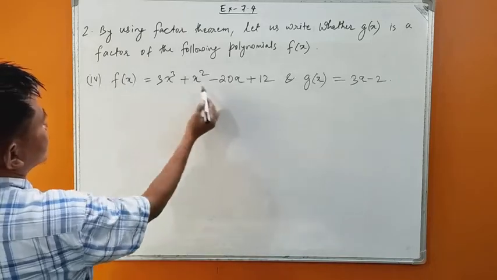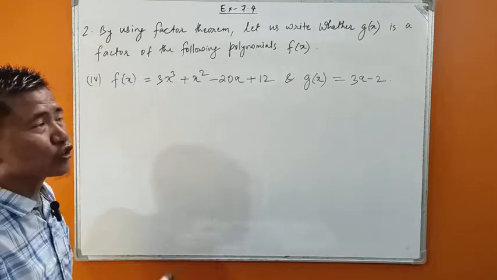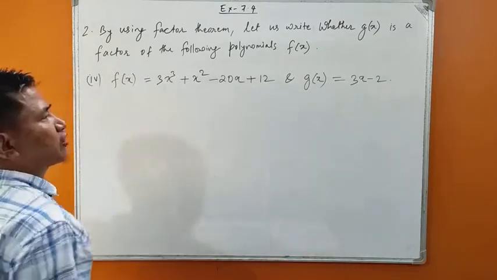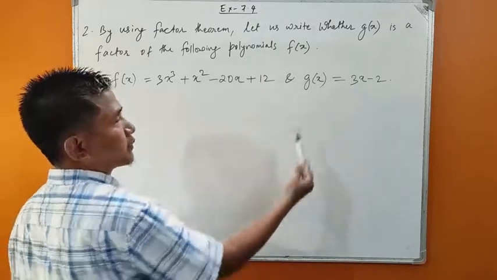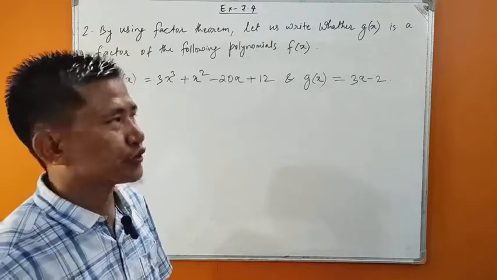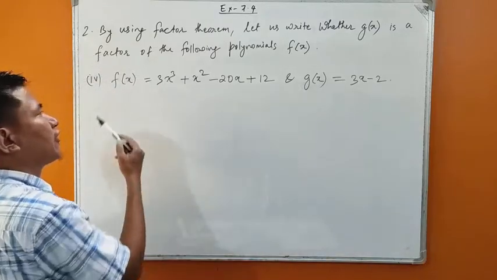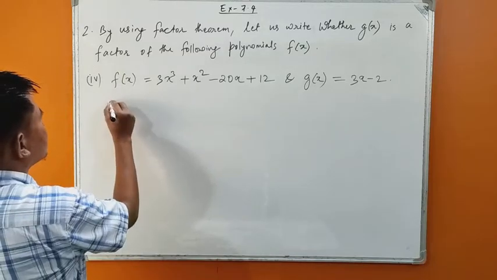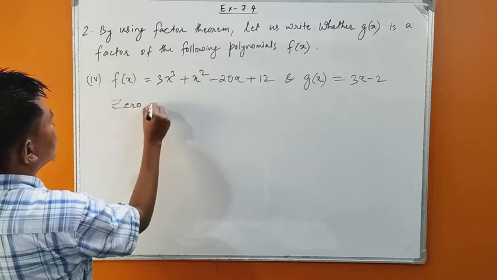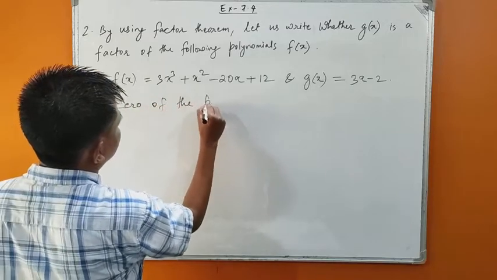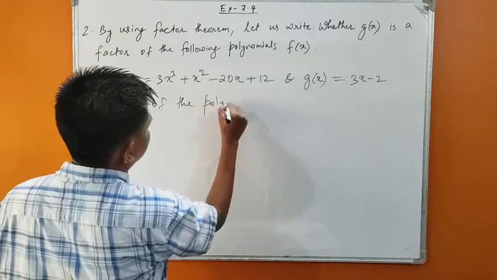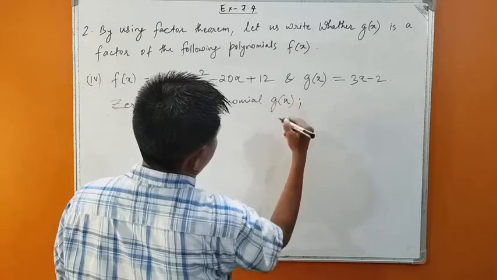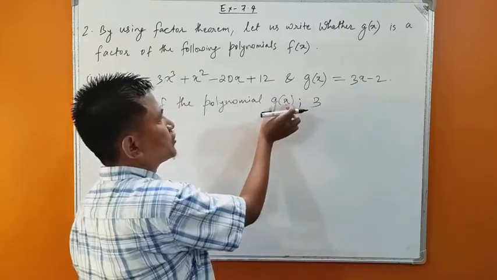So fx is this expression and gx is this expression, and we are asked to verify whether gx, or this expression, is a factor of this expression or not. What we do is we divide this expression by this expression, and if we get the remainder equal to 0, then we can say gx is a factor of fx, isn't it? So by applying the remainder theorem or the factor theorem, the zero of the polynomial gx means gx should be equal to 0.